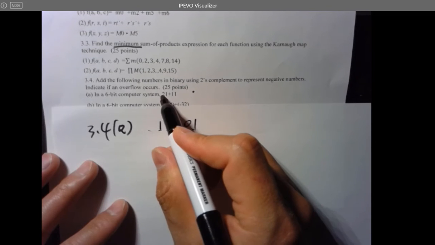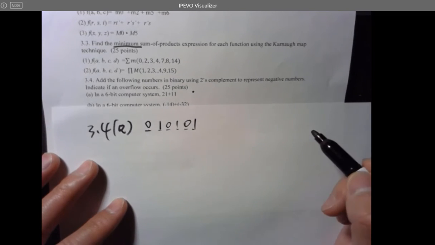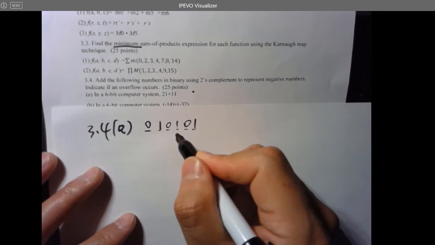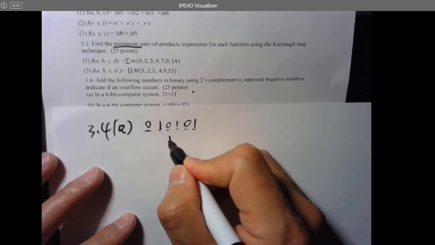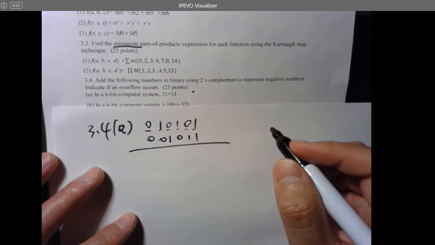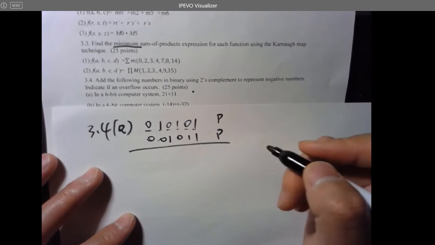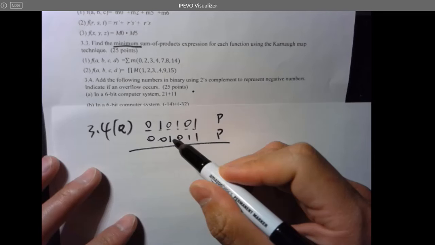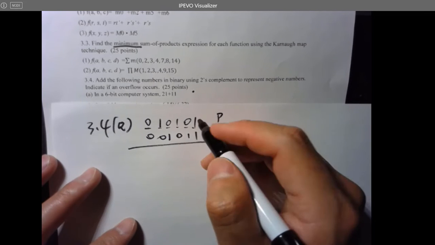And since it's a positive number, you need a 0 in the front. What about 11? 11 will be, you need an 8 first and a 3, right? So PP. Essentially, you can get an overflow because PP, if it's N, then you get an overflow, right?